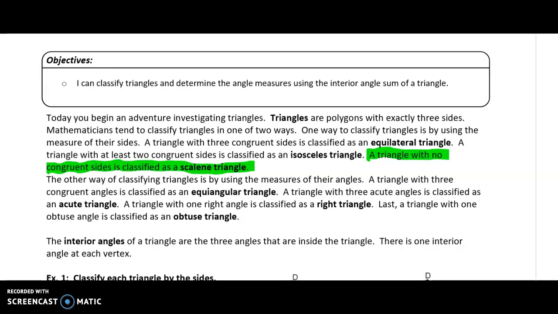And finally, another way to classify a triangle based off its sides is if a triangle has no congruent sides, then you're going to call it a scalene triangle. Again, all these classifications are based off of the measurements of the sides.